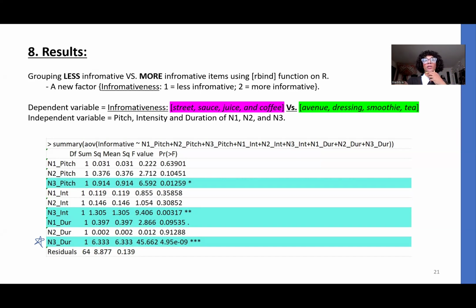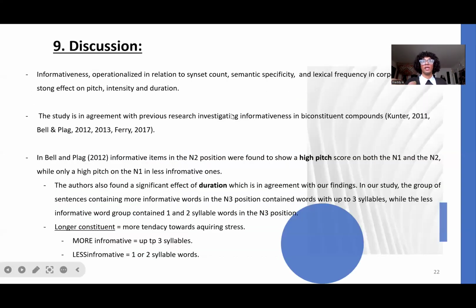So what this is telling you is that based on how informative a word is in the N3 position, more informative words like avenue, dressing, smoothie, and tea tended to show higher pitch, higher intensity, and longer duration in comparison to those that are less informative in the N3 position, like street, sauce, juice, and coffee.